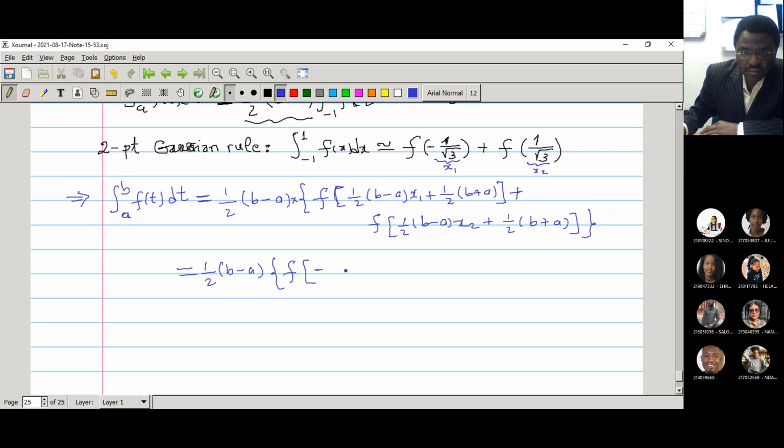So that is negative 1 by 2 (b minus a) times 1 by square root of 3 plus 1 by 2. That's the first one, plus f of the same thing, right? But with a plus, right? So for me to gain in time, I just copy this.